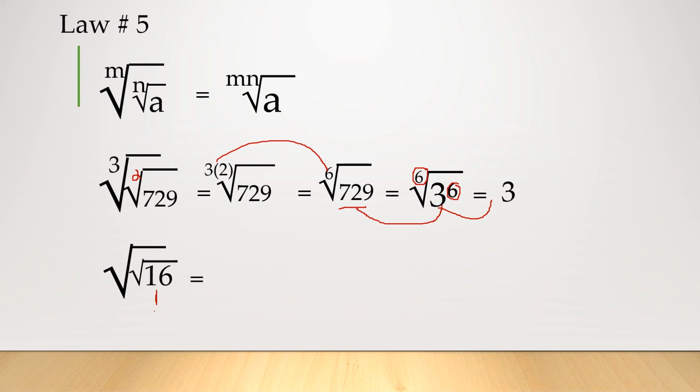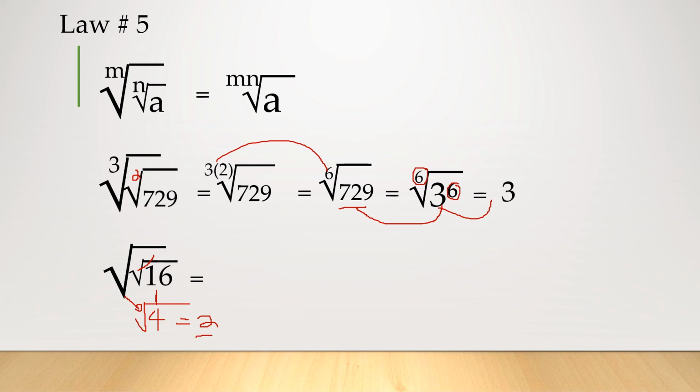In the inner part, we already extracted the square root, which means this one is gone. And we have now the outer radical sign. Again, what is the square root of 4? And that is 2. It means that the square root of the square root of 16 is equal to 2.